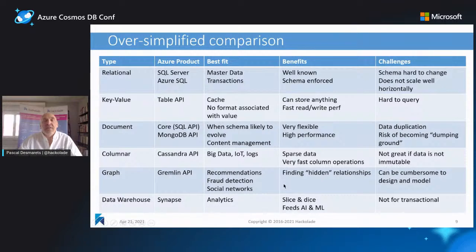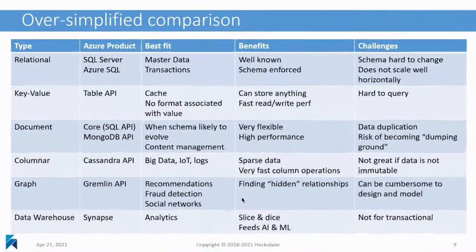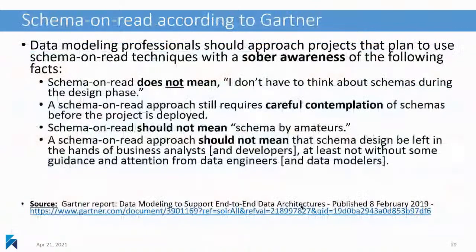They're great for finding hidden relationships that you didn't know existed when you did your design, but that you can figure out through traversal of the graph through your queries. But they can be a bit difficult to model. And data warehouses like Synapse help you slice and dice the data for analytics. But of course, they're not for transactional use cases.